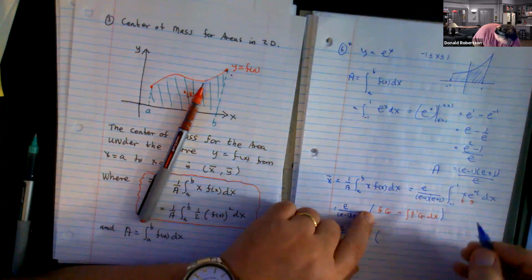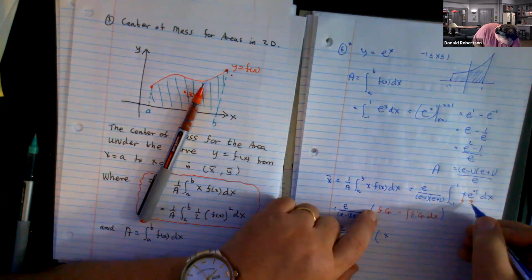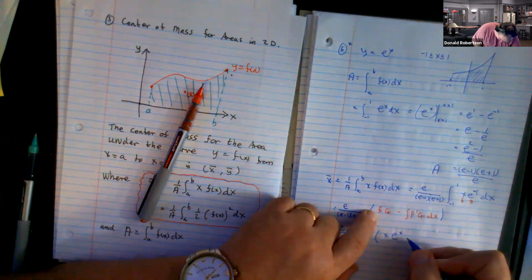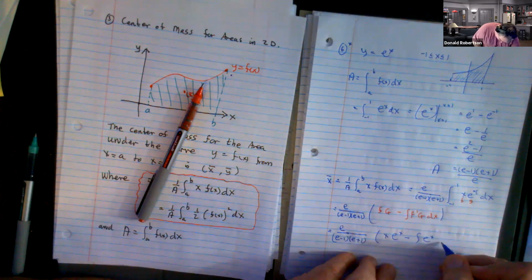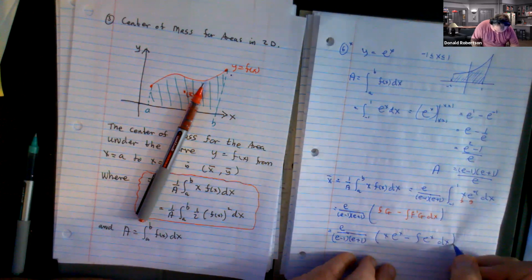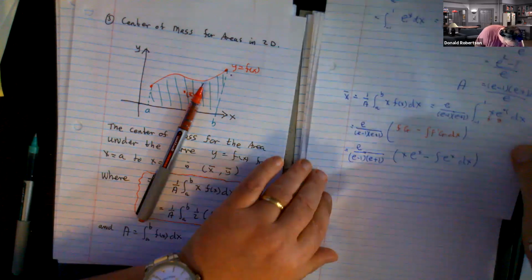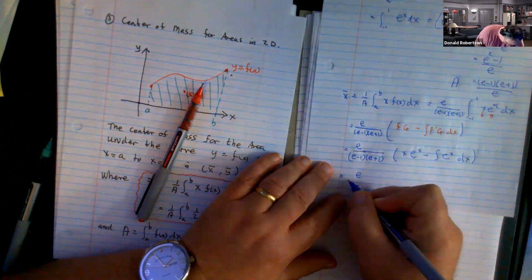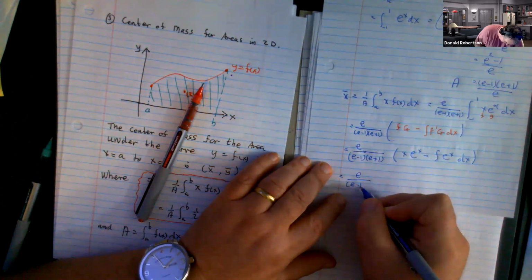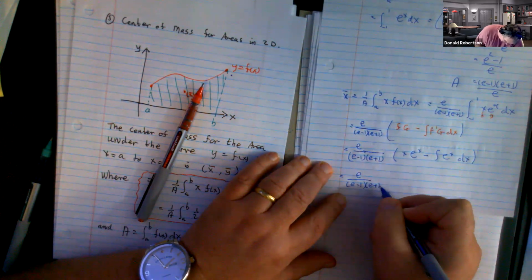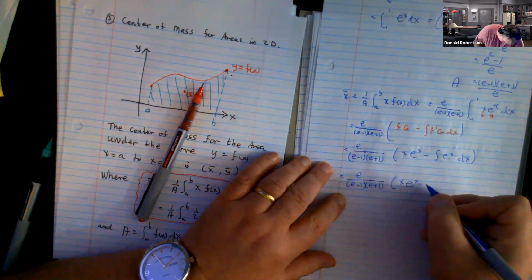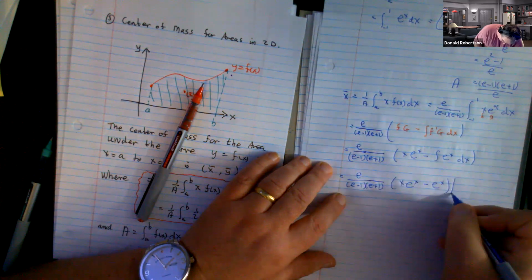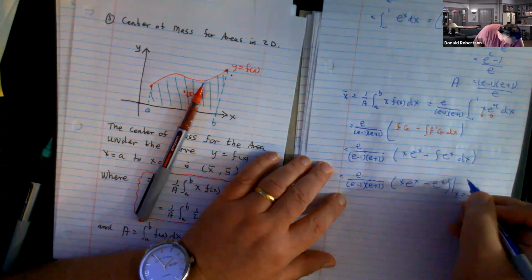Okay, you have an x, the integral of that is still e to the x. Take away a derivative of that is 1 times e to the x. So you're looking at that guy. So it's x e to the x, take away that, which is e to the x, evaluated at -1 and at 1.